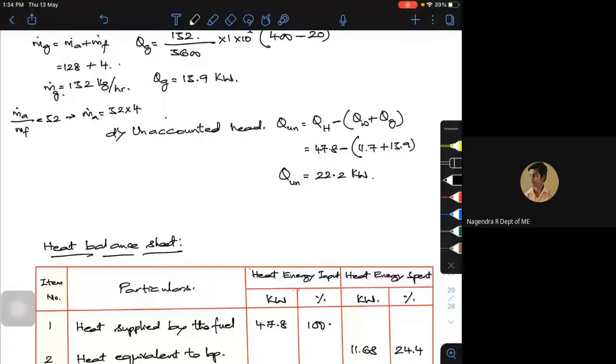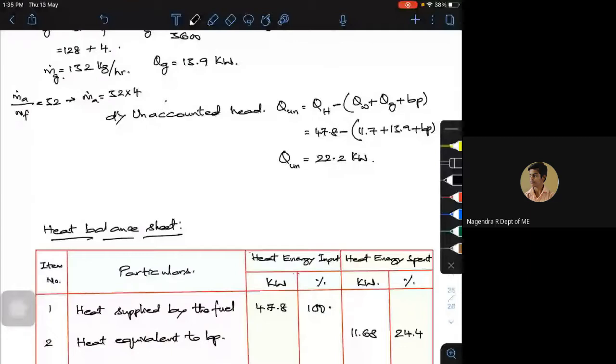Yes, correct. So we have to add up the BP. BP is 11.68. So 22.2 minus 11.68 is 10.52. So I think I did the calculation, I forgot to write it. Yes, it is 10.52. That's correct.